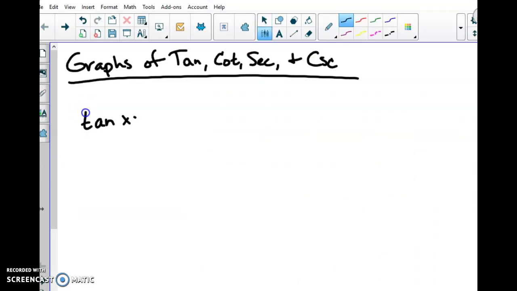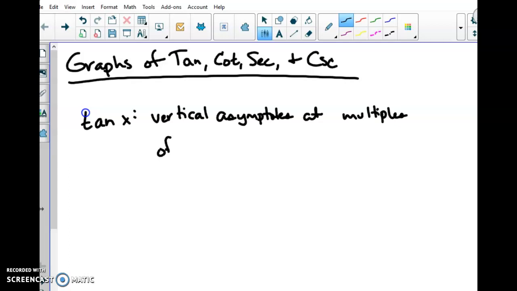So tangent x has vertical asymptotes. The vertical asymptotes occur on multiples of pi over 2. So it's going to give you your vertical asymptotes there so you can see them. And so say I take 3 times pi over 2, that's also going to end up being where it has a vertical asymptote.